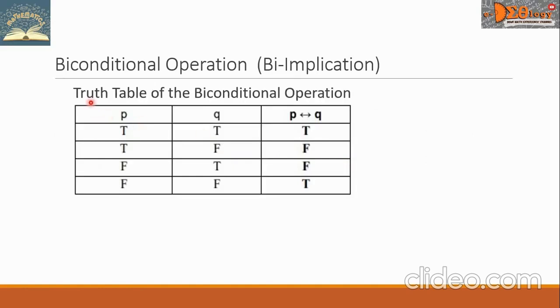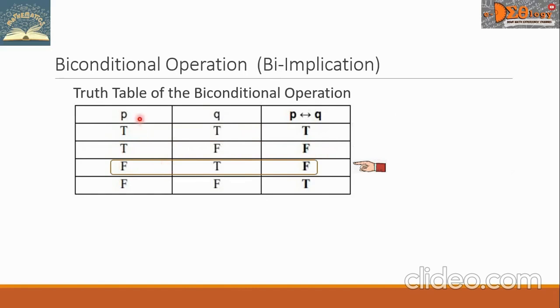This is now the truth table of the biconditional operation. Let us consider the first row. If P is true and Q is true, P if and only if Q is true. Second, when P is true and Q is false, P if and only if Q is false.